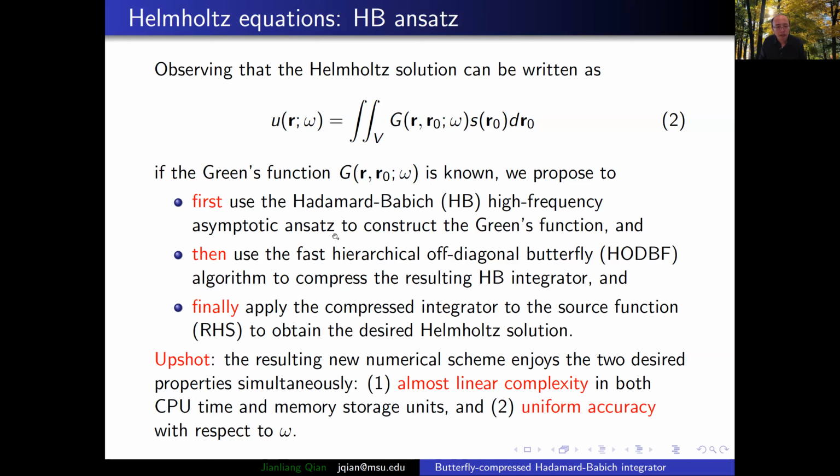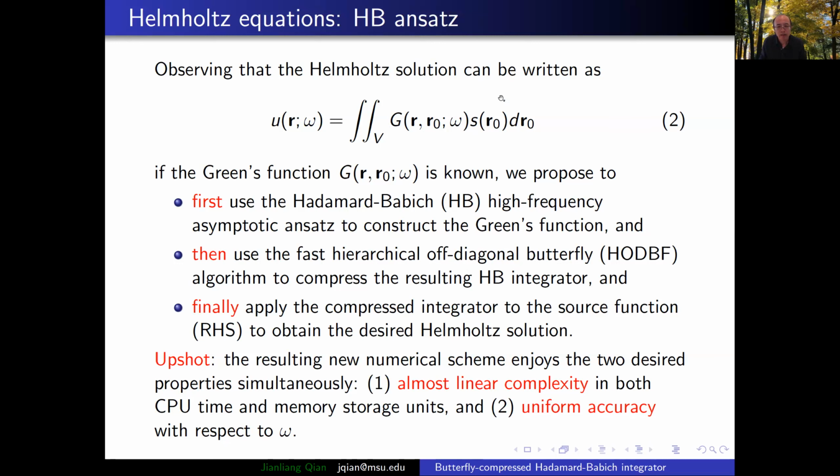So essentially we have two things to deal with. First, how do we obtain such a Green function? For that we use the Hadamard-Babich ansatz to construct this Green function. Second, how do we evaluate this integral rapidly? For that we design a so-called hierarchical off-diagonal butterfly algorithm to compress this integral operator.